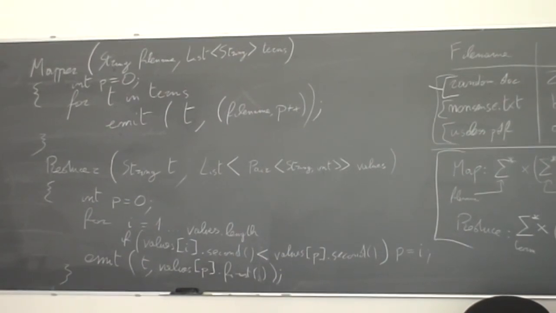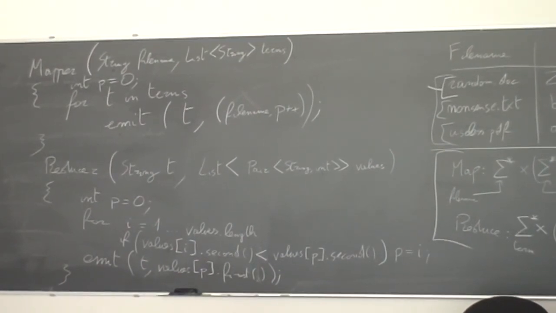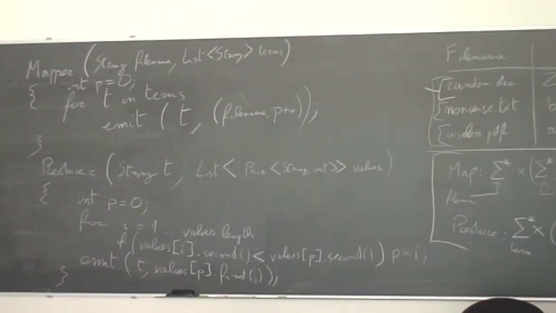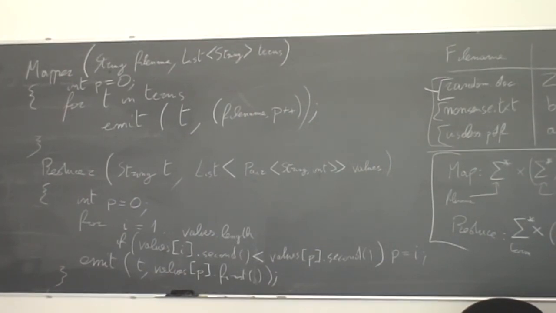Yes, the answer is usually yes. Meaning that, okay, if we can process things locally, it's always better. Can the reducer be used directly as combiner? Yes or no?